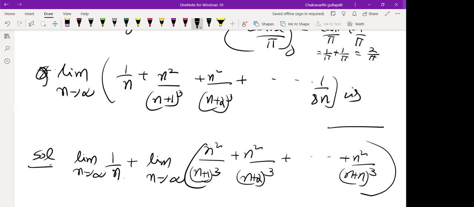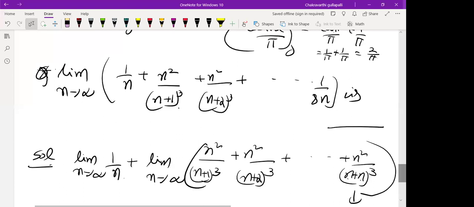First term n square by n plus 1 cube. Second term n square by n plus 2 whole cube. Last term, n square by n plus n whole cube. Numerator is fixed for all. N square is common for all. If you simplify this, you should get back this. If you are not getting back this, you have to continue until you get that.